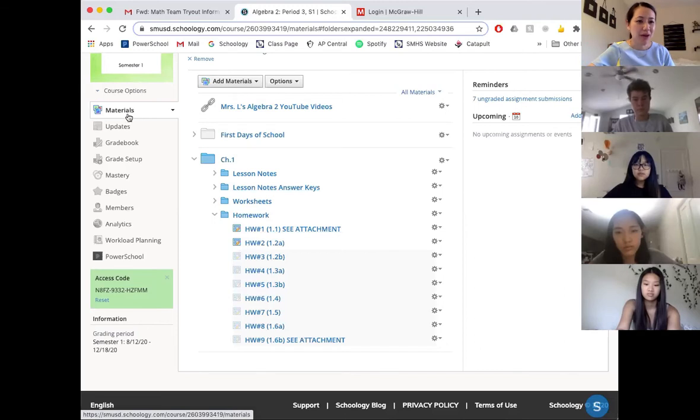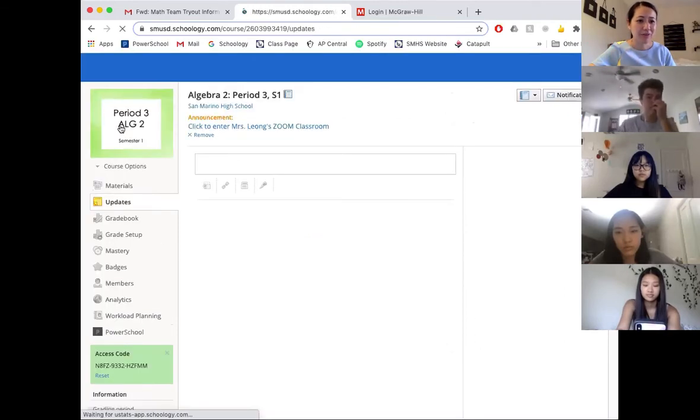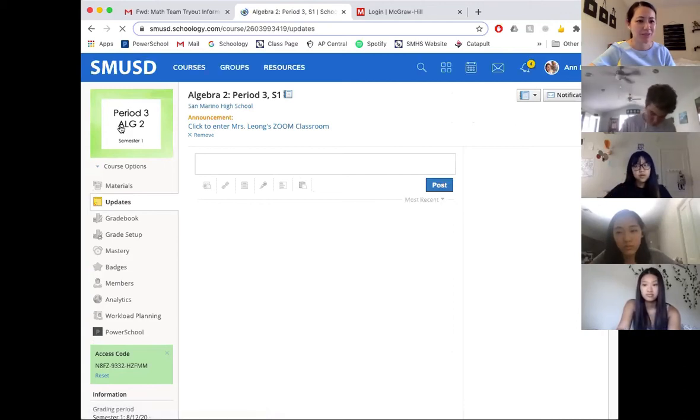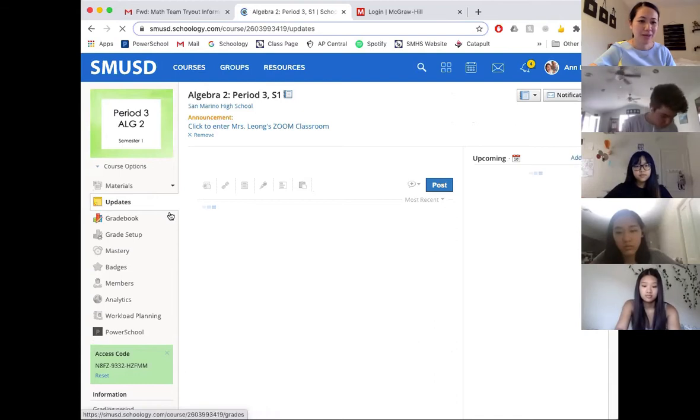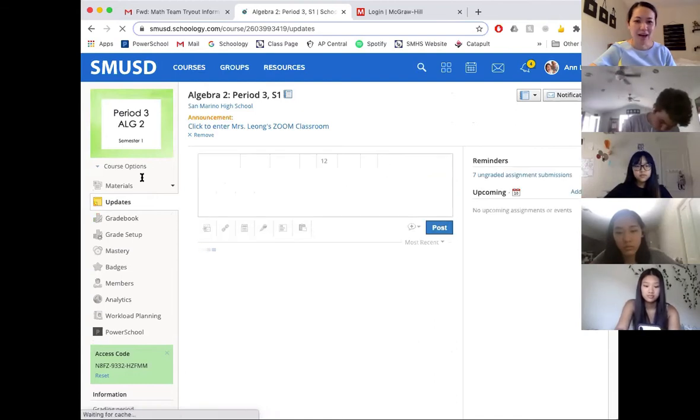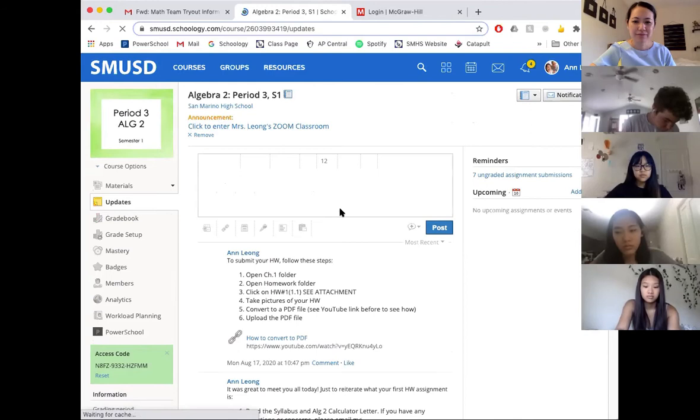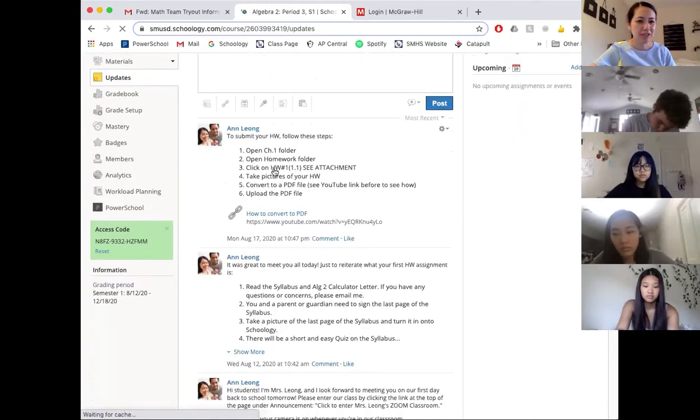If you don't know how to do that, you can find an app on your phone that does it. I'm pretty sure you can find plenty of apps that will turn pictures into PDFs. Or if you don't want to download an app, under updates I posted the instructions on how to submit your first homework assignment.